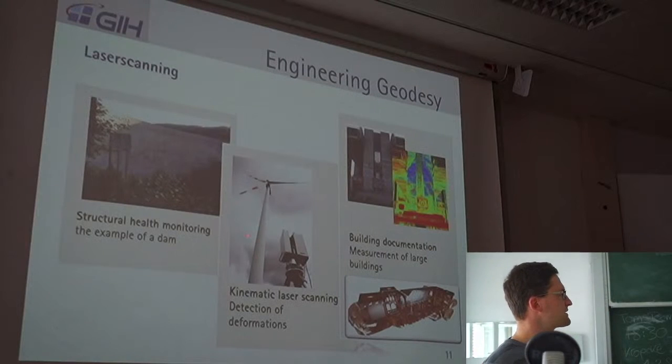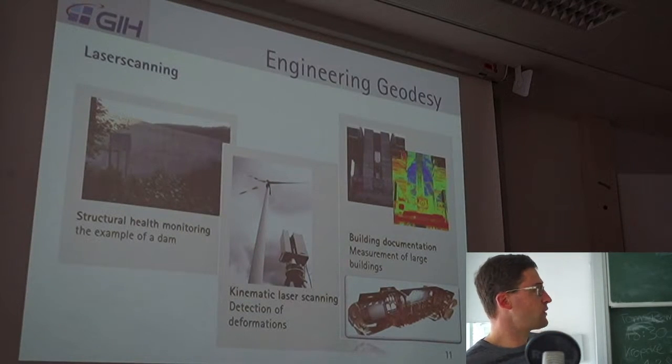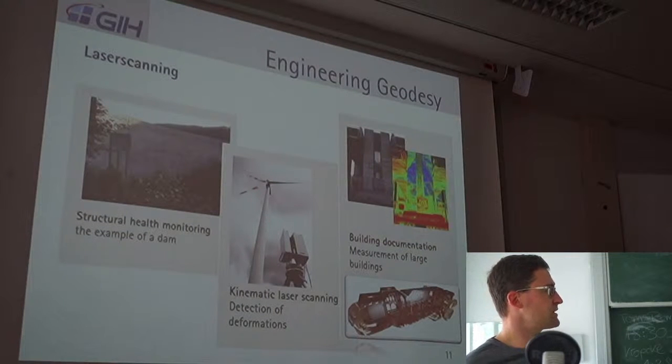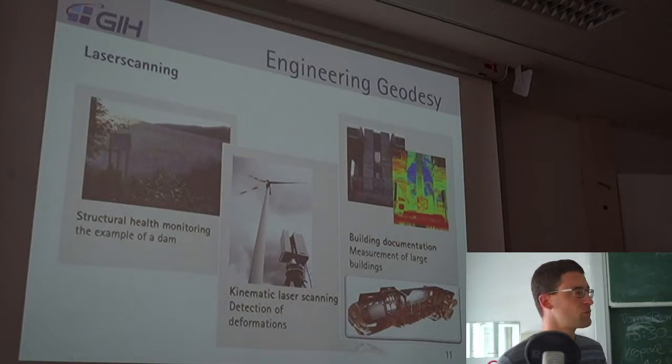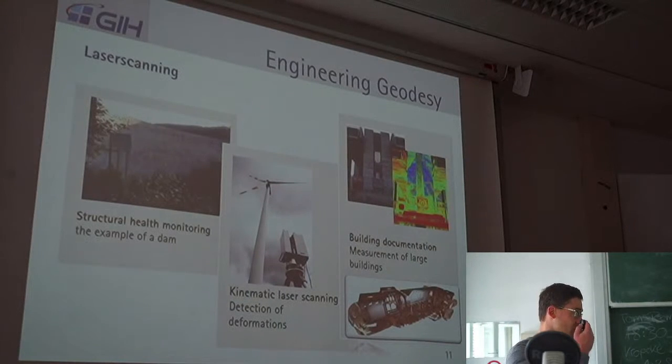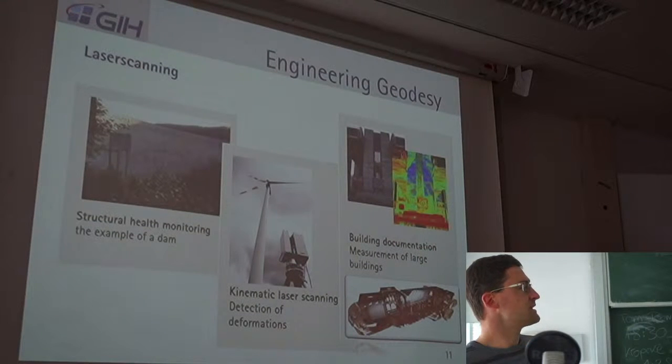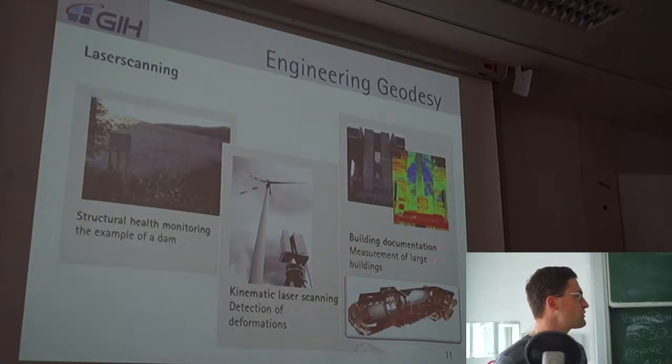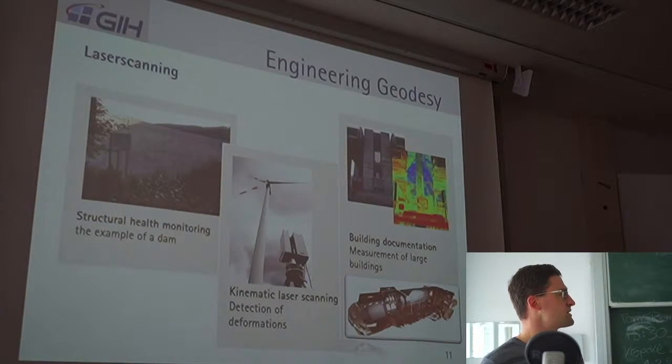Also the wind wheels we have here, you may know them, but I can tell you there are definitely deformations for these wind wheels, and you also have to keep in mind the materials, you don't want any damage, so from time to time you must map the deformation. Deformation modeling is one part, and you also have the building documentation to measure old churches, for example.